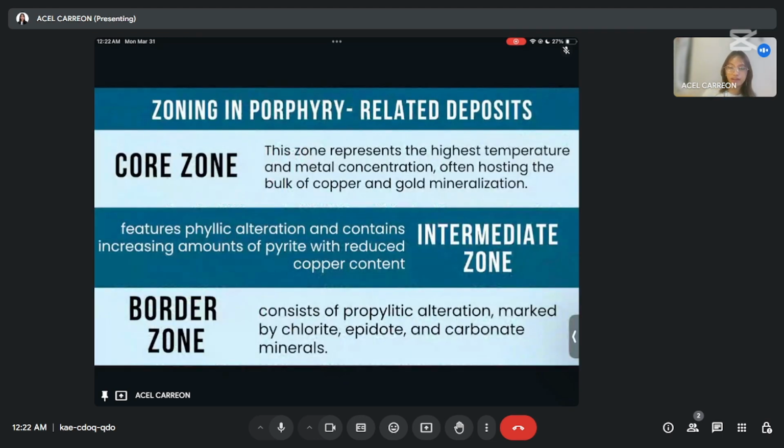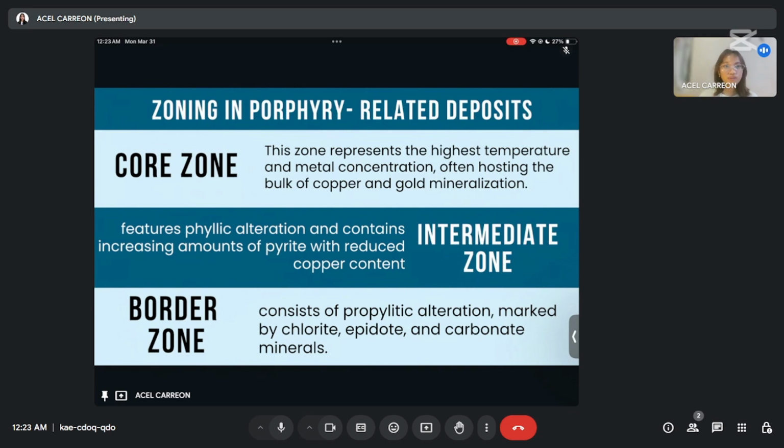For the zoning in porphyry-related deposits, porphyry deposits exhibit distinct mineral zoning due to magmatic differentiation, hydrothermal fluid evolution, and temperature gradients. These zones form concentrically around the intrusion, reflecting variations in pressure, temperature, and fluid chemistry.